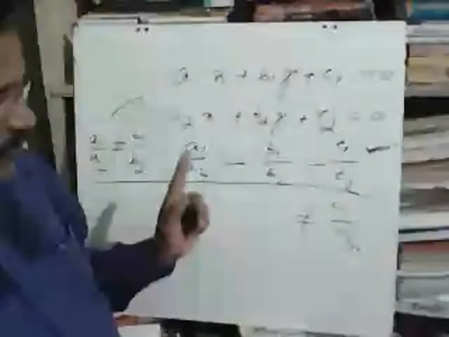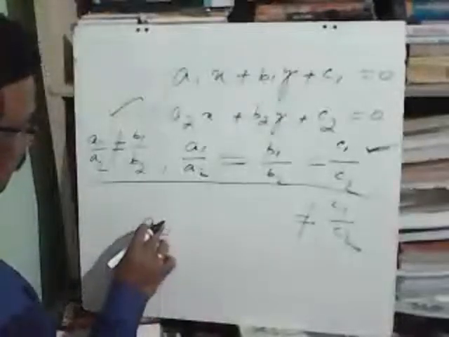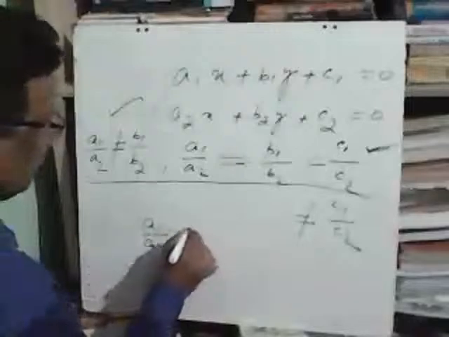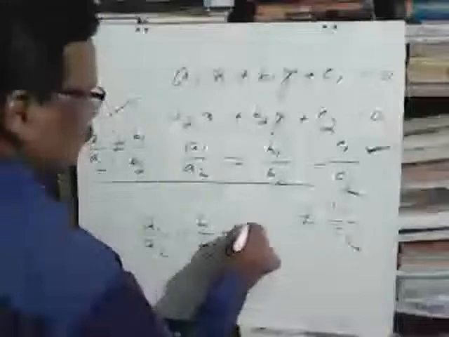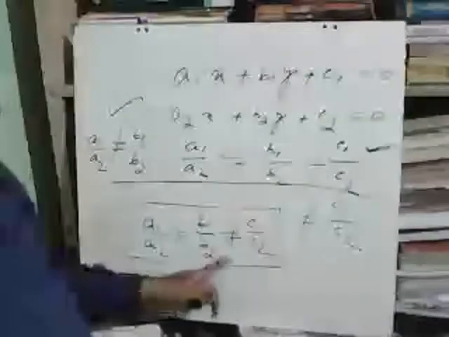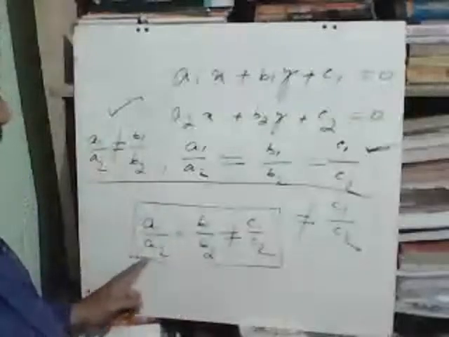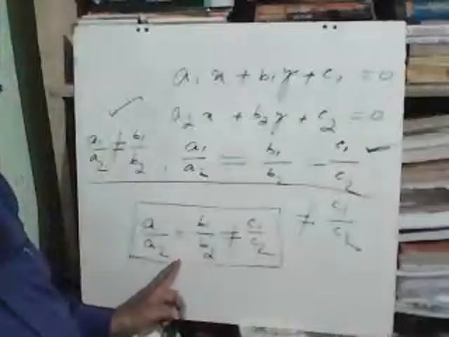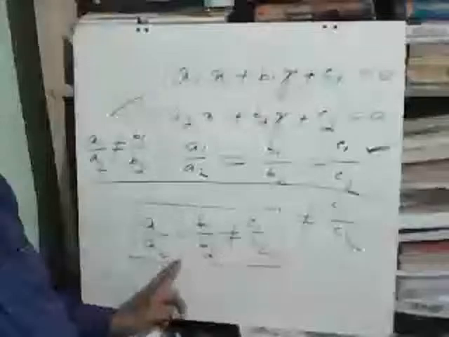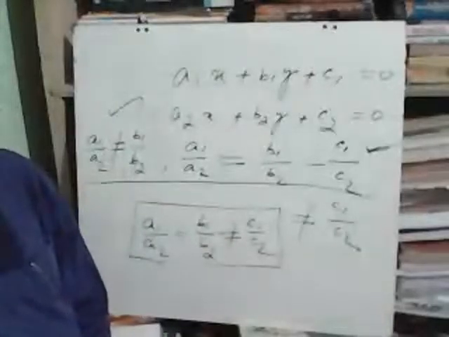But in the case a1 by a2 equal to b1 by b2 is not equal to c1 by c2, the graphs of the lines are parallel. If two lines are parallel to each other, then the system has no solution. It is called inconsistent. Previously consistent, here it is inconsistent. These are some properties related to linear equations in two variables.